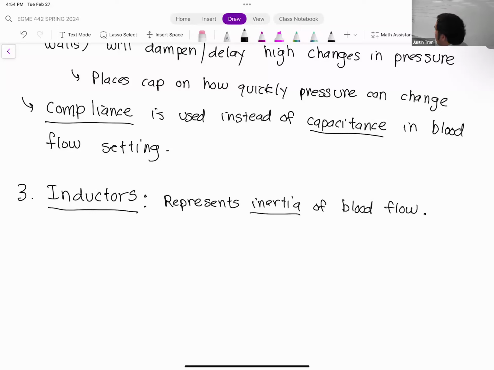We talked about inertia quite a bit when we talked about our fluid mechanics review. Inertia comes from the fact that all blood, or all fluids, have mass. And just like anything with mass, it's going to resist changes in its motion.